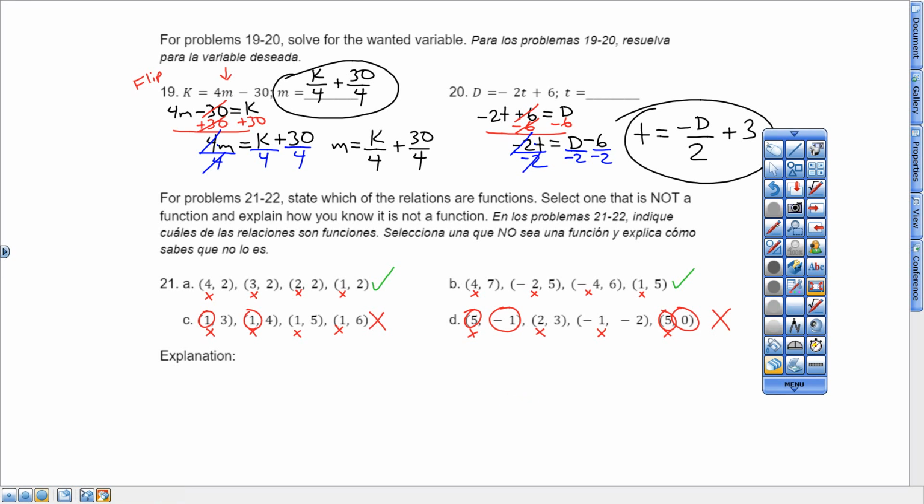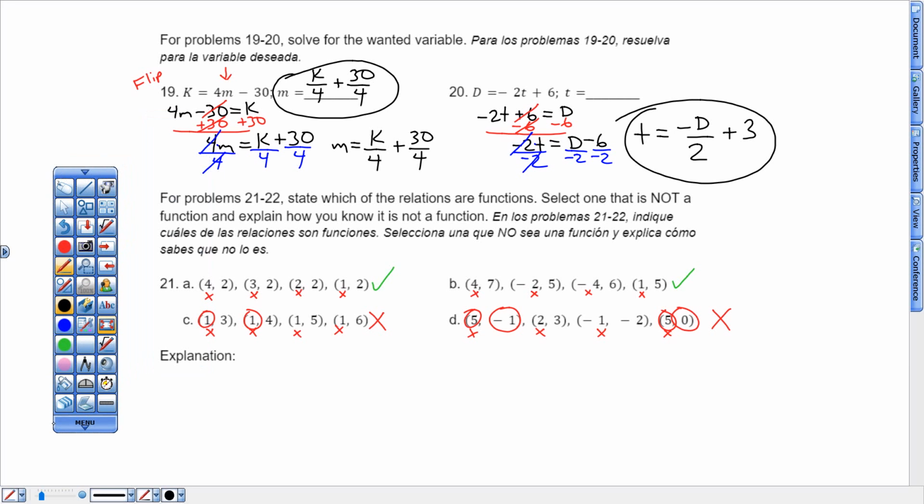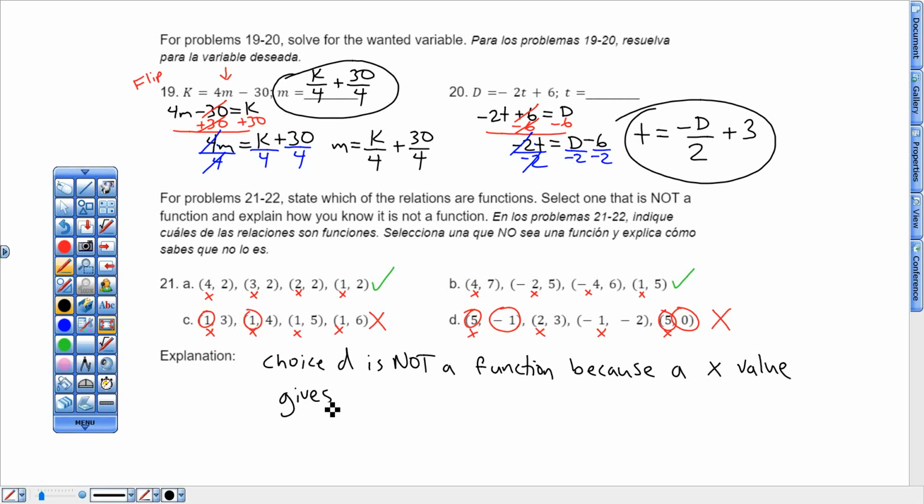So they need you to explain in a complete sentence which one. I'm going to pick D. I'm going to say choice D is not a function because a x value gives two different y values.